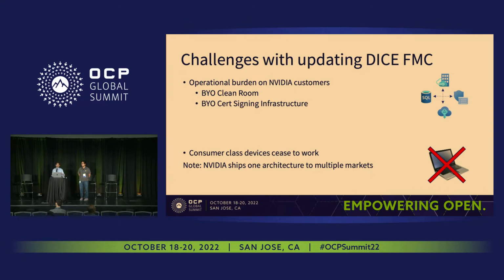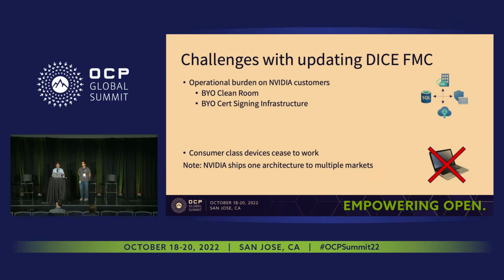Now, you might wonder, well, if NVIDIA can change the FMC during secure manufacturing, what if we transfer the burden to NVIDIA customers? And to understand how well that works, let's divide the NVIDIA customers into two different categories. One is the data center customers, who may have elaborate managed deployments.